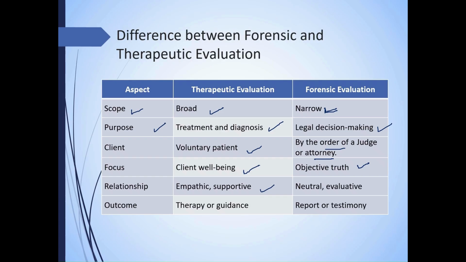So the psychologist or the evaluator has to be neutral and evaluative instead of being supportive. Finally, the outcome of a therapeutic evaluation is therapy or guidance, while under forensic evaluation, it is a report or testimony which is going to help the court of law. Alright, so this is the difference between forensic and therapeutic evaluation.